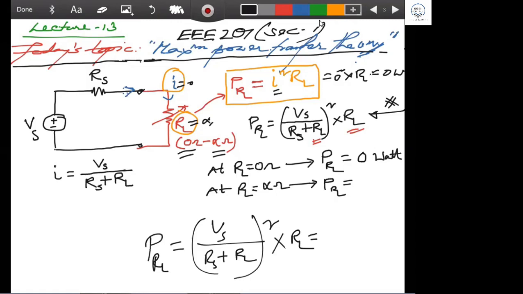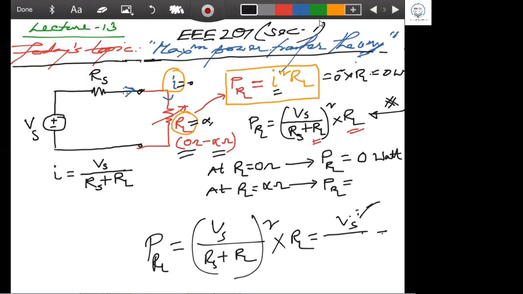Now look, you can do it in two ways. By applying the L'Hospital rule, dRL by dRL, upside and downside, you can get the first derivative and put RL equal to infinity. Or you can divide by RL from here, and you can see this can come here as a V square.